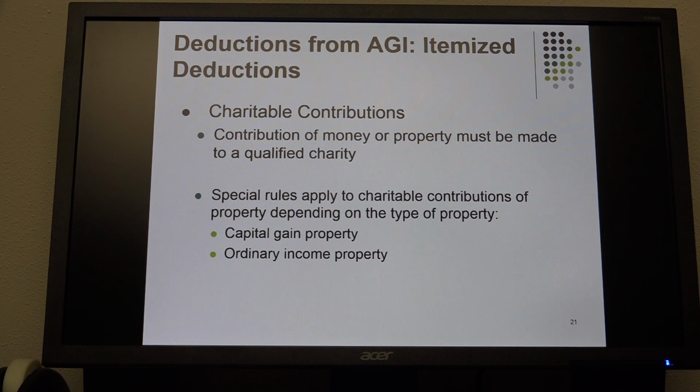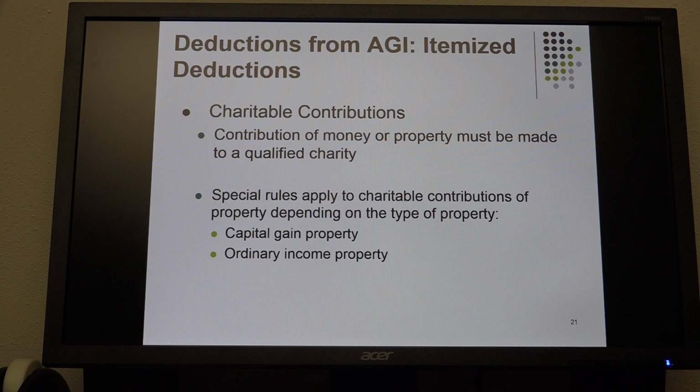Now note here that there are actually 3 different levels of limitations on charitable contributions, but for contributions of money, you're limited to 50% of AGI.